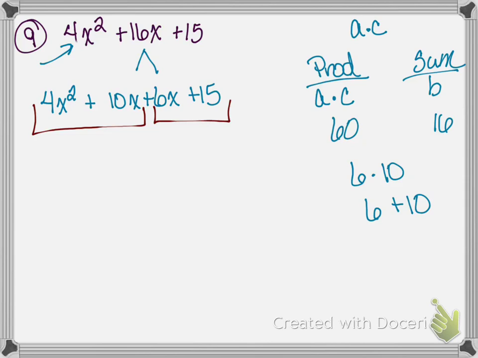So I can take a 2x out of my first 2. Then I'm left with 2x plus 5. What can I take out of my second 2? Can I take a 3 out? Yes. Good. And I'm left with 2x plus 5.